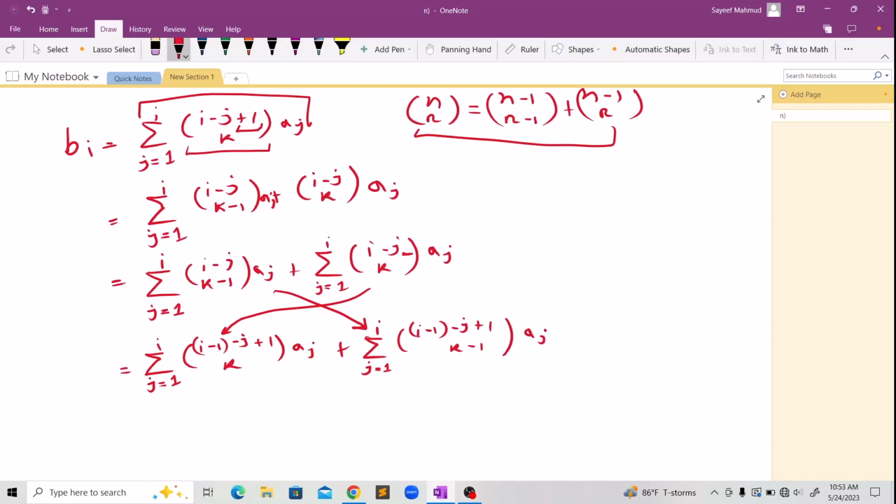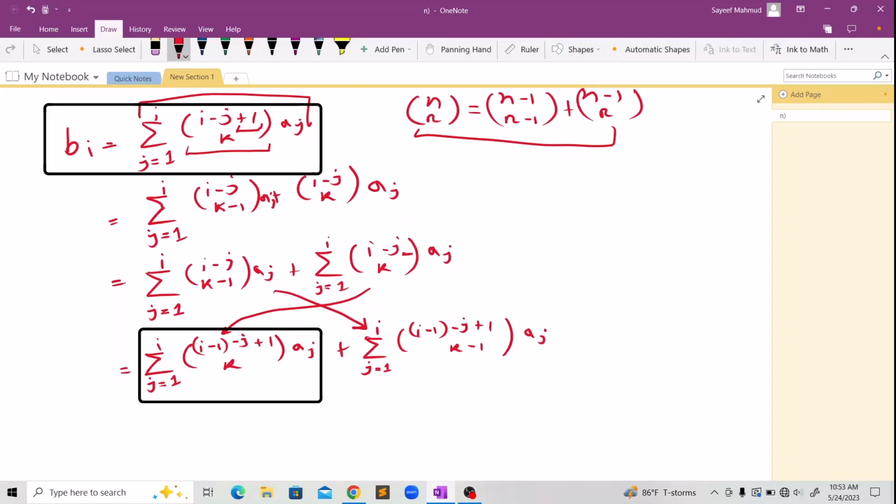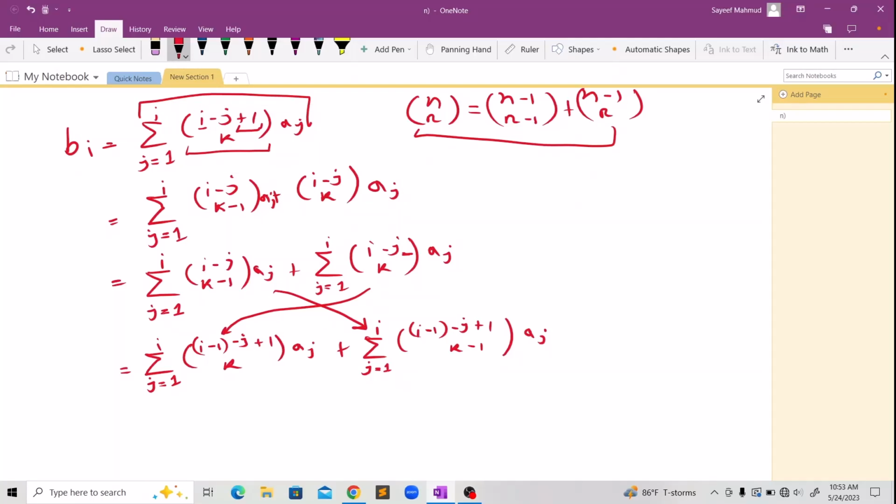Now if we take a look at this equation and this equation, in place of I, we have I minus 1 here, and the sum goes up to I. So, if we take the sum up to I minus 1, we can separate out j equals I. So, let's write j equals 1 to I minus 1 of I minus 1 minus j plus 1, and we need to write j equals I separately.